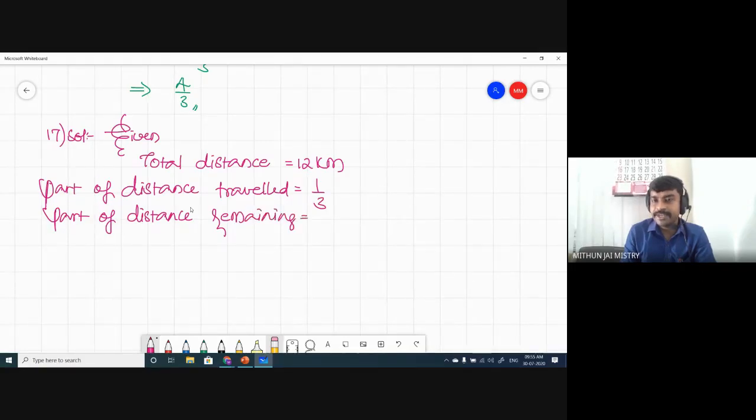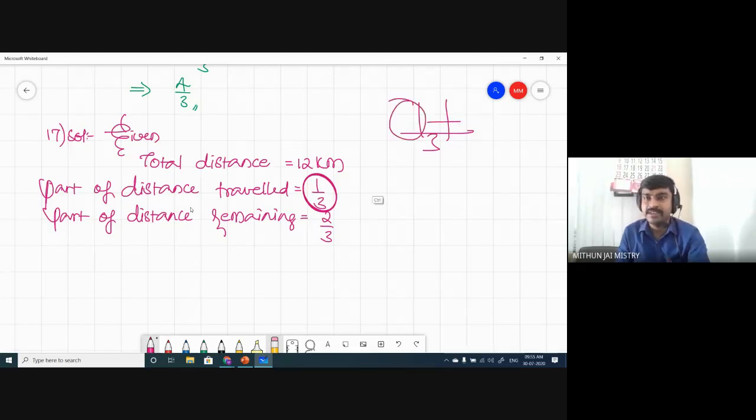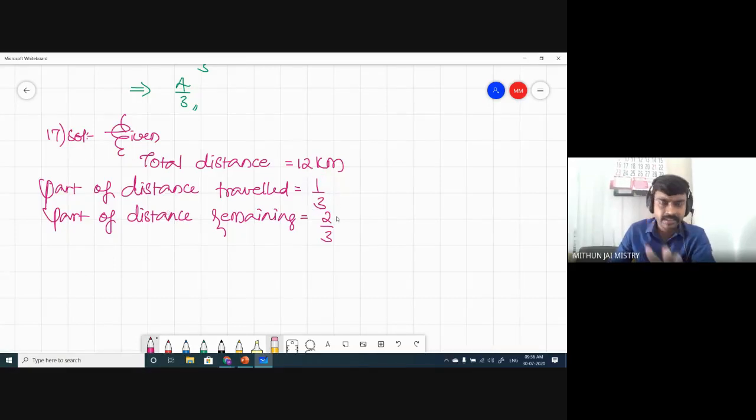How much distance is remaining? 2/3, no? Out of 3, if one part is traveled, then still 2 parts are there to travel. I hope you understood this concept. 1/3 part he has traveled means how much more is left? 2/3 is left.